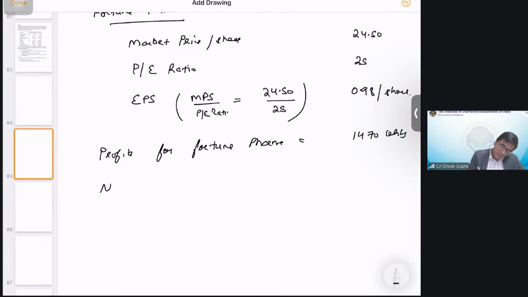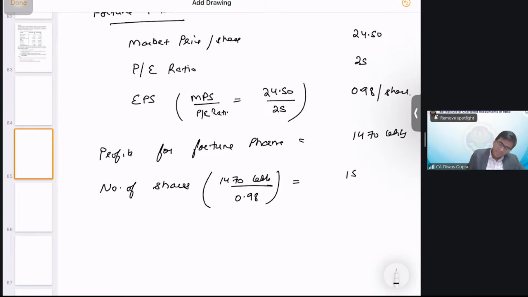Number of shares divided by 0.98, 1500 lakhs. So these are the number of shares. Yes, Saminathan, answer is right. So 1500 lakhs is the number of shares that will be existing for Fortune Pharma Limited, the new company.